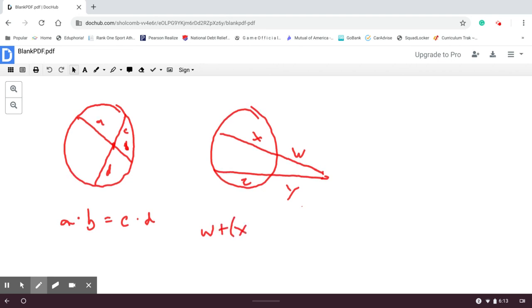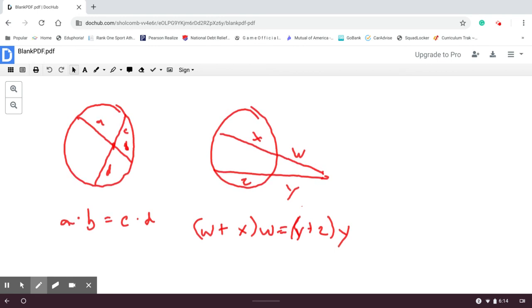Okay, whoa, got that little parentheses wrong there. (W plus X) in parentheses times W is equal to (Y plus Z) in parentheses times Y. Okay.